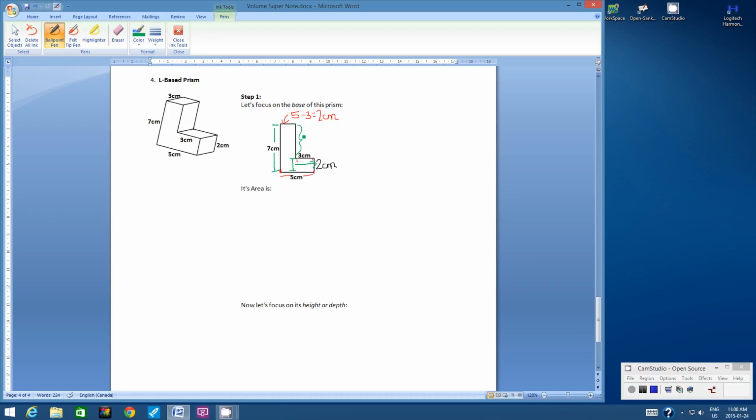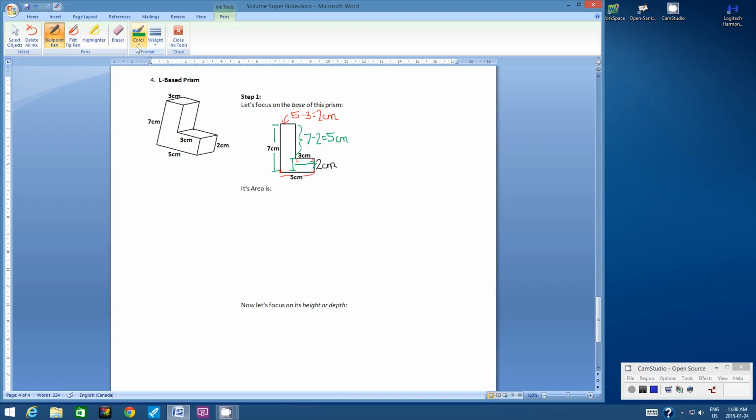So how would we go about solving for this missing length here? When you show me your work, hopefully you're writing 7, which is the total of that measurement, minus 2, which is this little bit, equals what's remaining here, 5 centimeters. 7 minus 2 equals 5 centimeters.